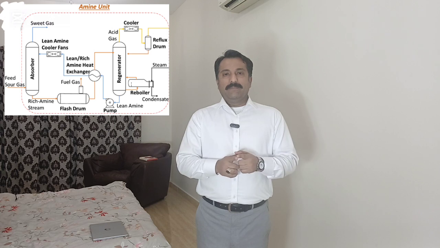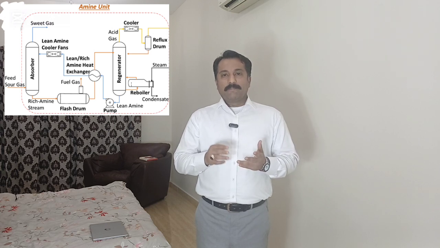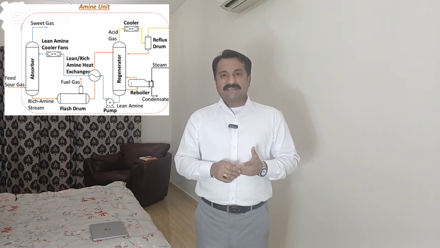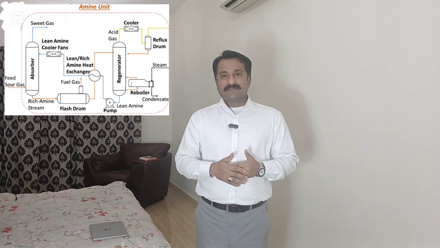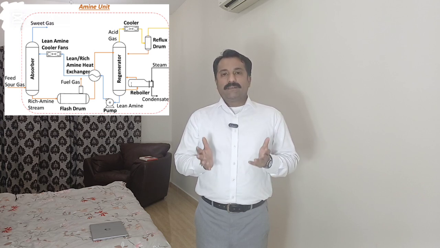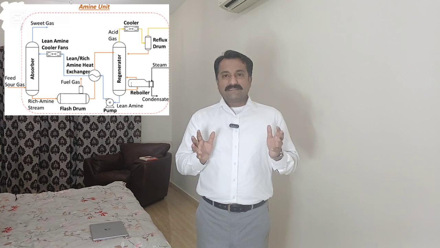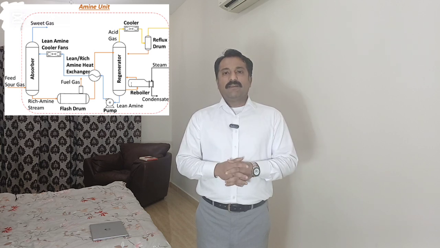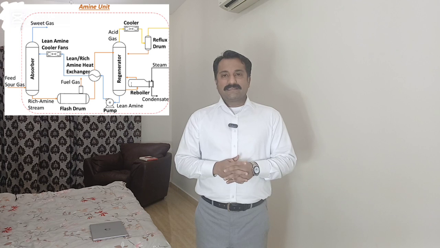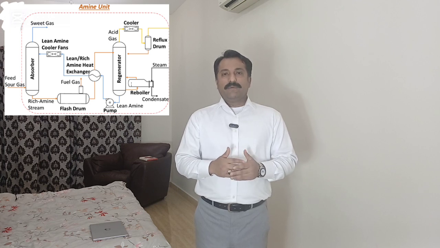There's a battery limit in which the absorber, flash vessel, exchanger, pump and stripper and their instrumentation are involved to convert raw gas into sweet gas. So this complete process is called ISBL. This process and equipment instrumentation fall under ISBL. Only the core process.